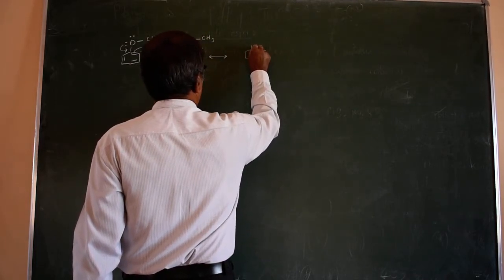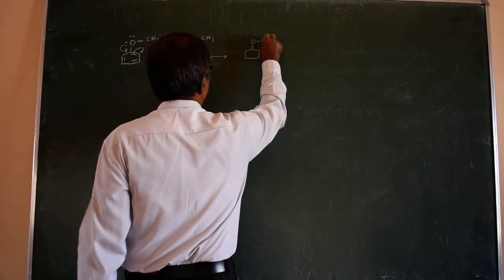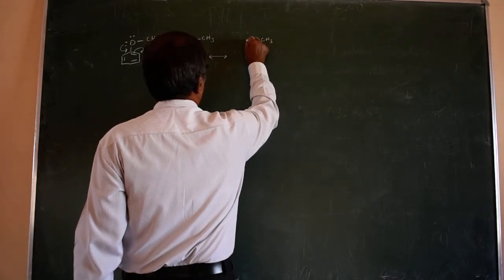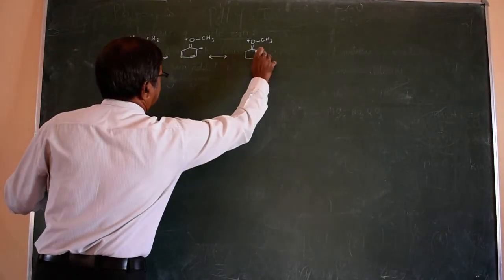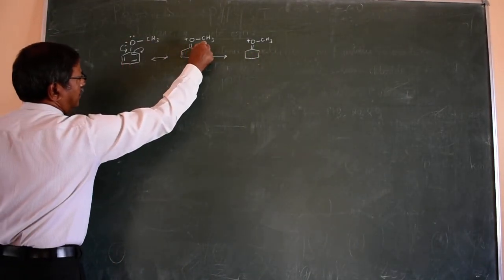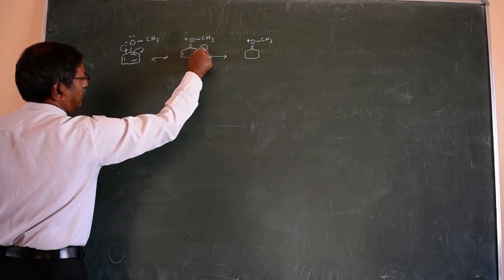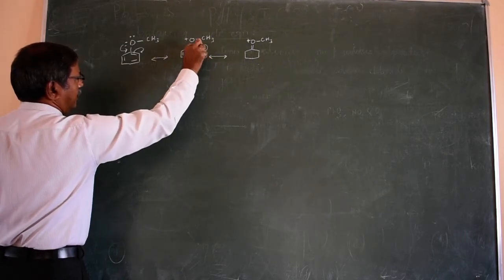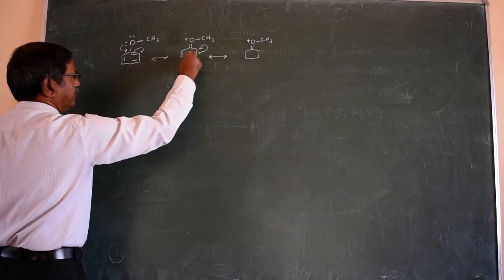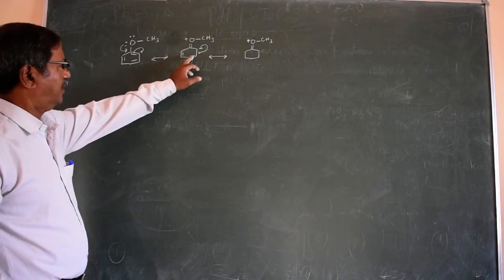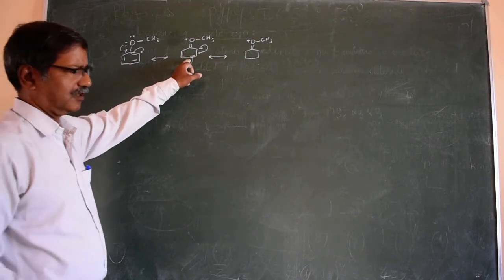So it's a double bond, OCH3. We have a positive charge. Now this pair of electrons, that is a pi bonded electron, moves between these two carbon atoms, and this electron pair moves to this carbon.